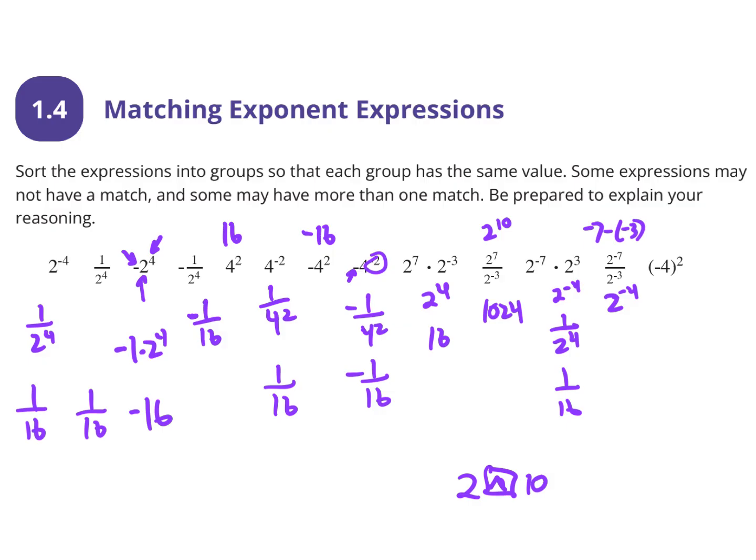If you put your second term in parentheses, you will not get confused. This is 7 minus a negative 3. Two negatives with no number in between them tells you to add, which is 1 over 2 to the 4th, which is 1 over 16, and negative 4 squared. This means negative 4 times negative 4, which is positive 16.